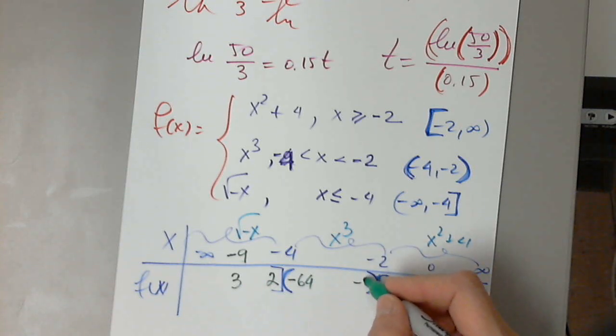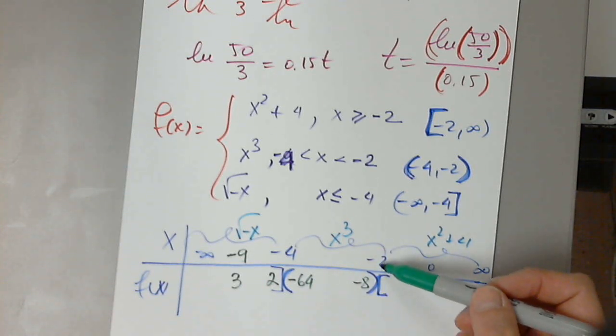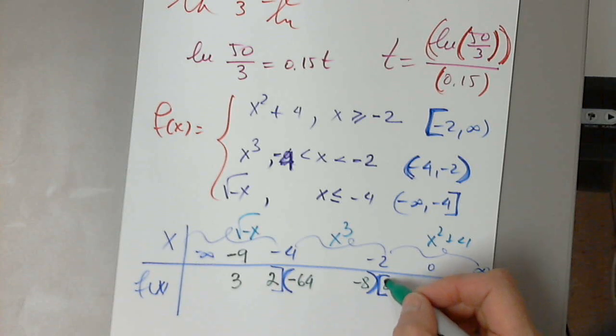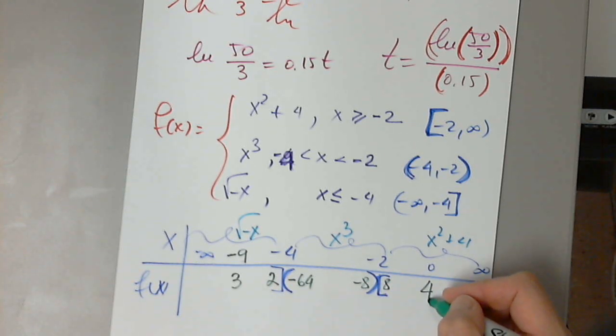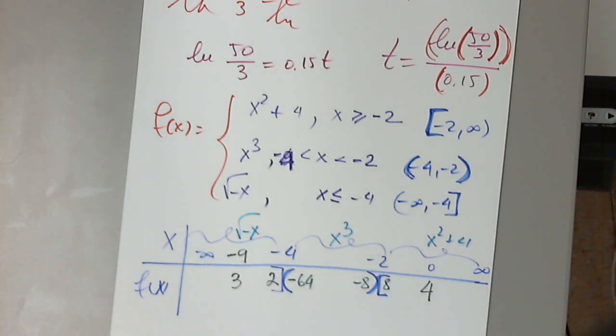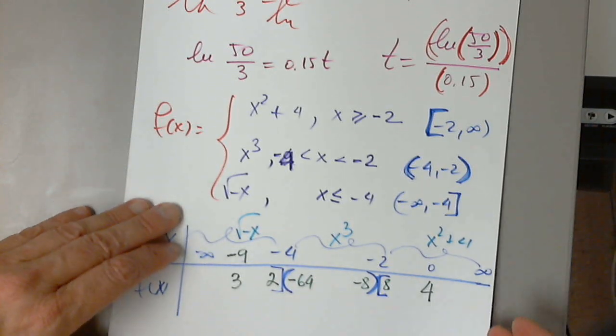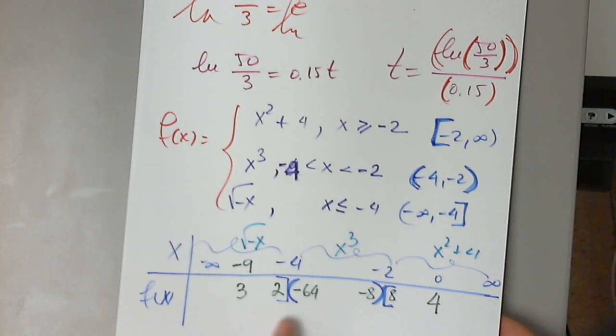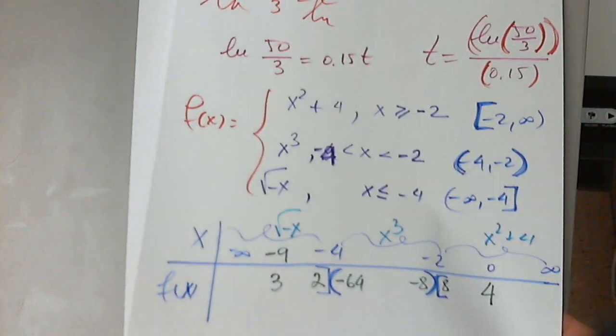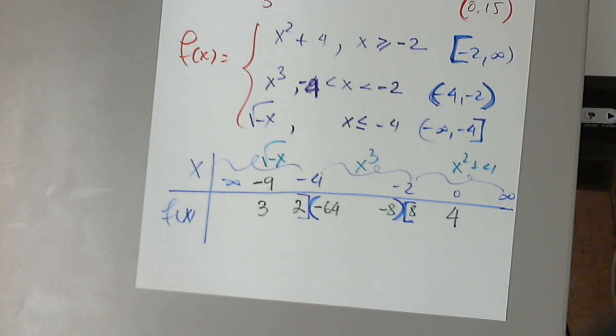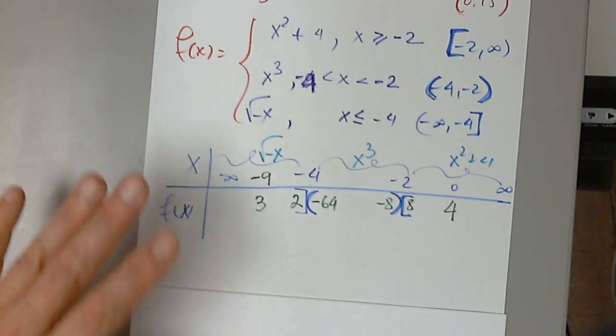When I plug in negative 2, I get negative 8. When I plug in negative 2 into x squared plus 4, I get 8, and when I plug in 0, I get 4. So now all I have to do is graph. You'll see what happens and how you read limits in the next course from such a table. So that's why it's so important.